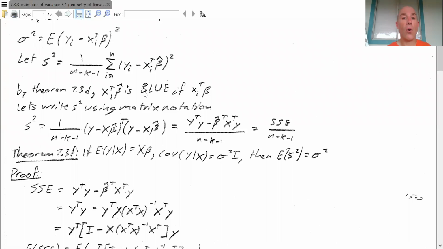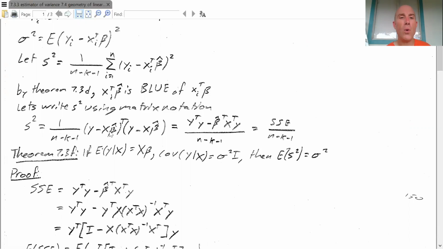Right now we're thinking about estimating the variance term in our assumptions. If I have this, it looks a lot like something we've seen before. Could I rewrite that? Yeah, I could rewrite this with matrix notation. So let's go ahead and rewrite s squared with matrix notation.